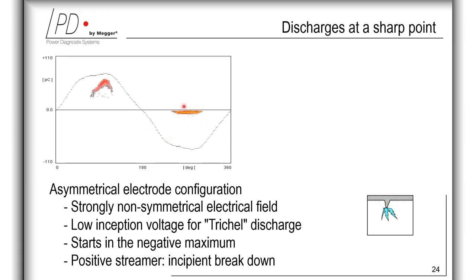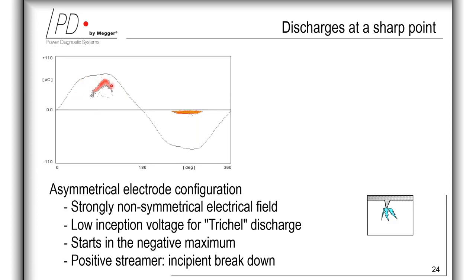And here you see basic Trichel discharge. And in case the streamer is negative, here you can see Trichel discharge, while on the positive half cycle, you see a positive streamer.